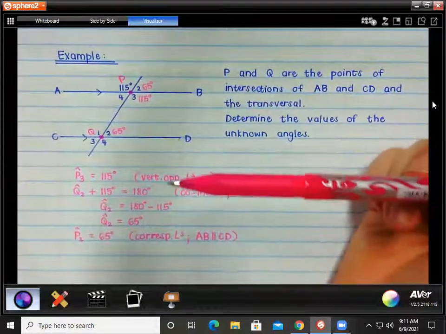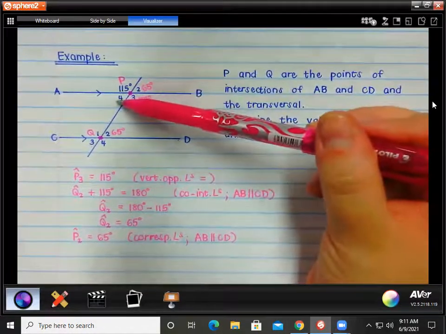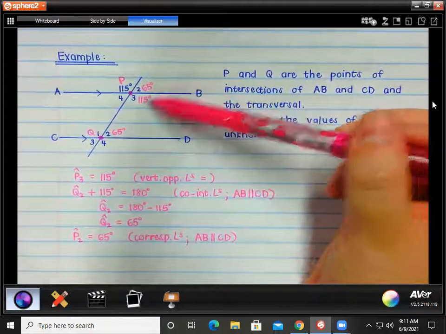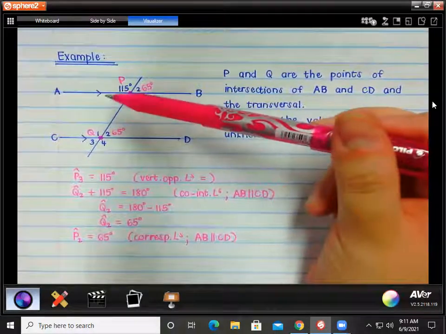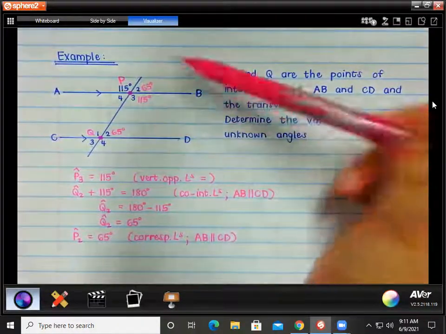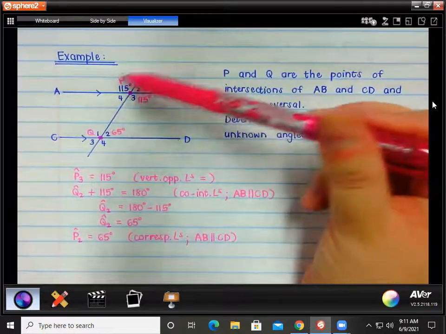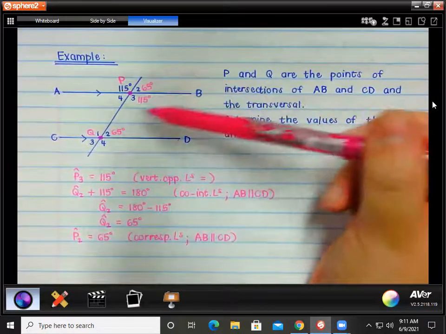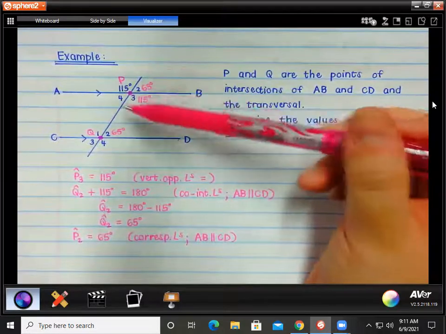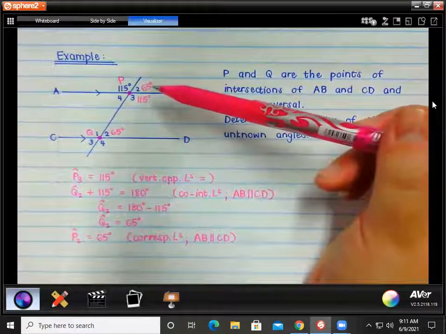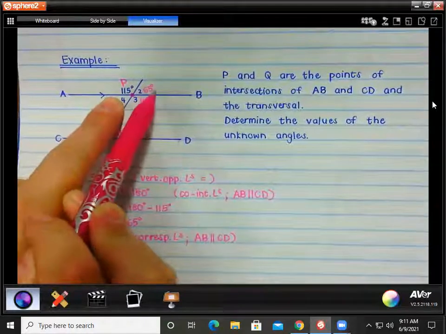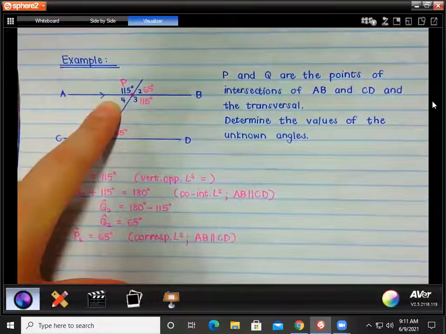Or what else could I do if I'm looking for P4? Angles on a straight line, 180 minus 115. What about angles around a point? All the angles around a point add up to 360, the other reason for that is revolution. You could say 360 minus 115 minus 65 minus 115, and it would give you that answer.